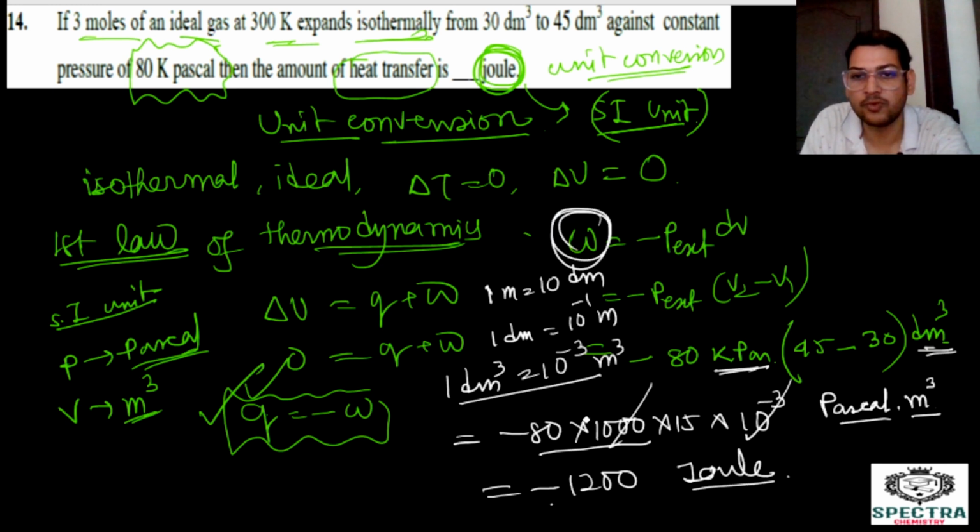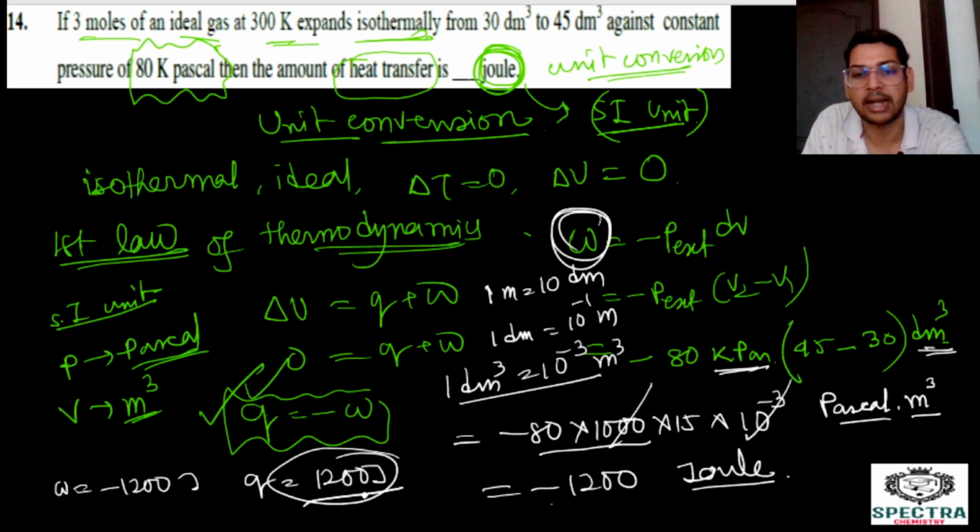W equal to minus 1200 joule. So Q equal to 1200 joule. That will be your answer. By this way you have to do. So for this your answer will be plus 1200 joule.